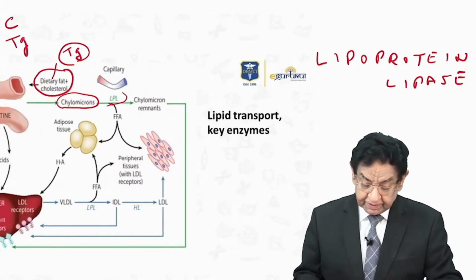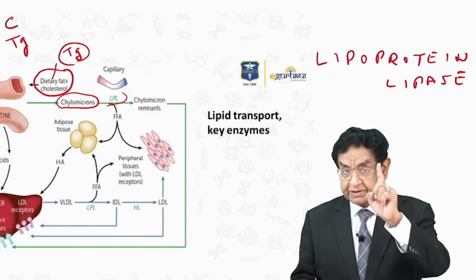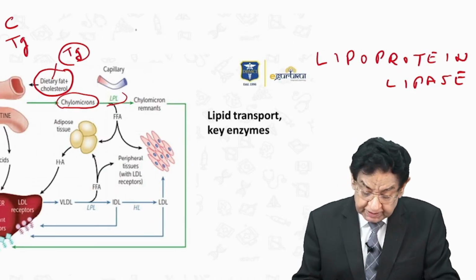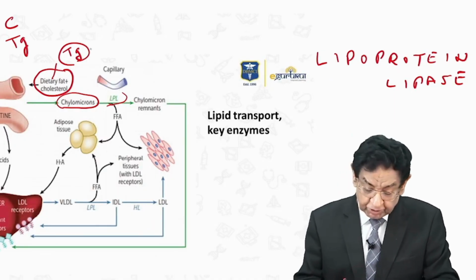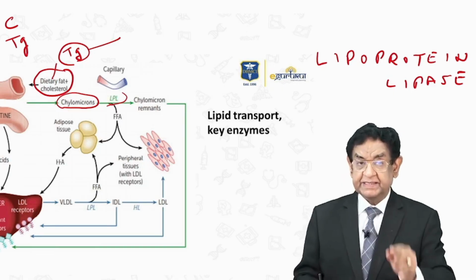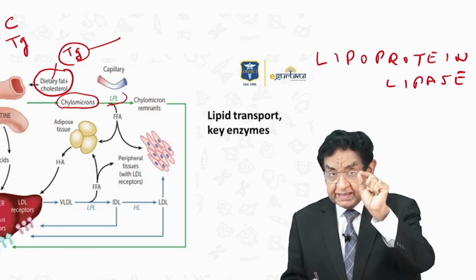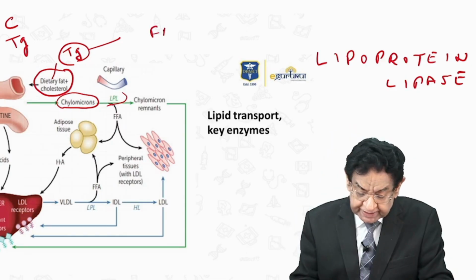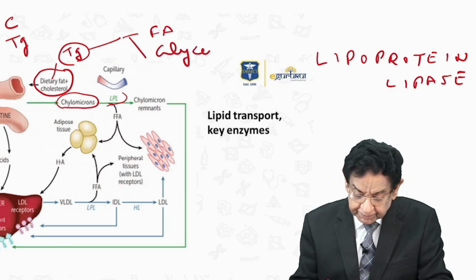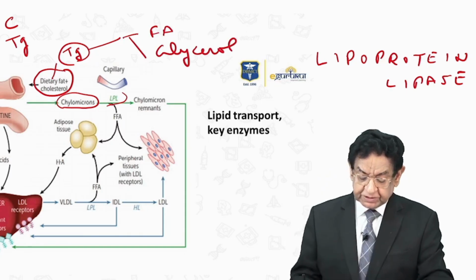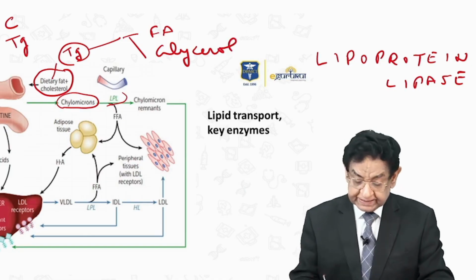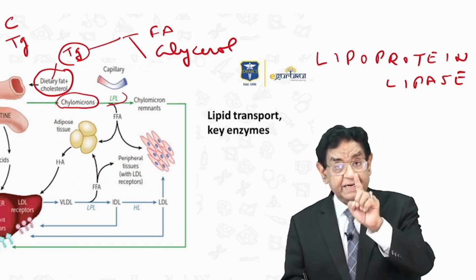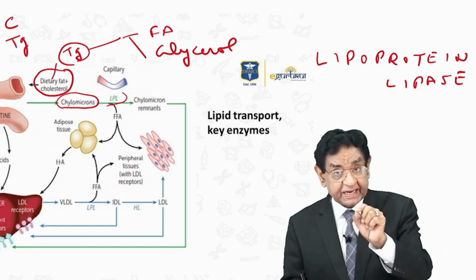Remember, this chylomicron contains triglyceride, a little bit more now. So I told you that triglyceride is a dietary fat. In the intestine, it is broken down into fatty acid and glycerol. They are absorbed by the intestinal cell.